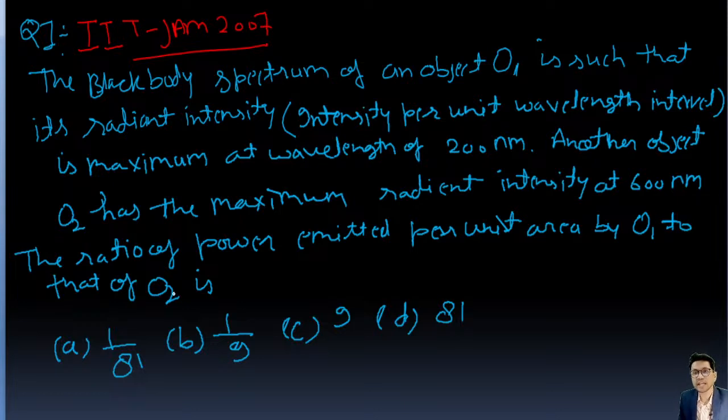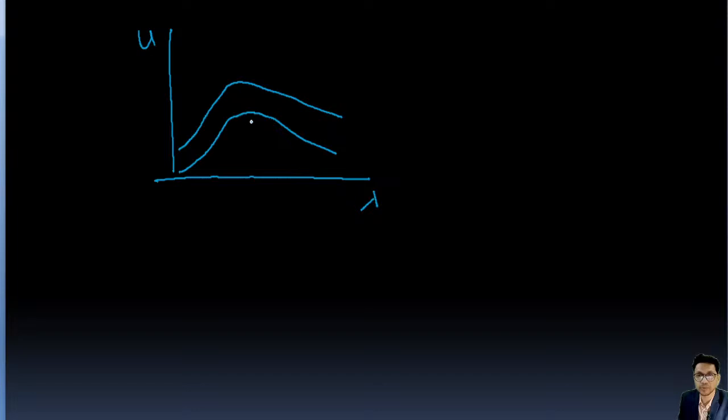Another object O2 has the maximum radiant intensity at 600 nanometer. So this is 200 and this is 600 nanometer. This is the spectrum which is given.